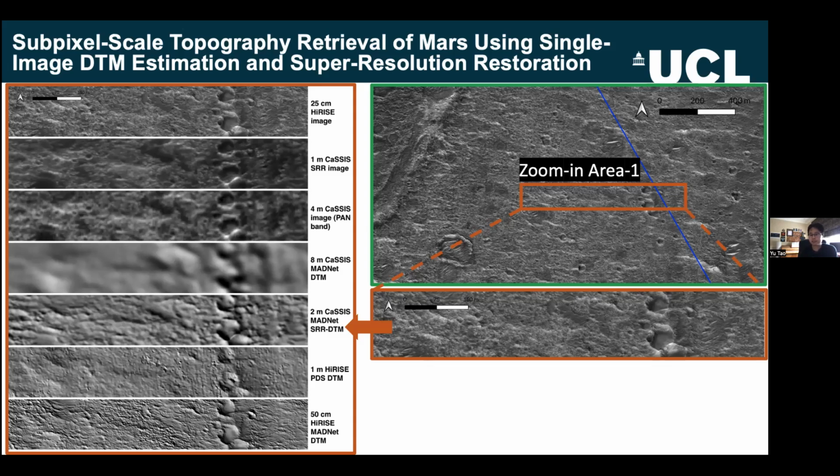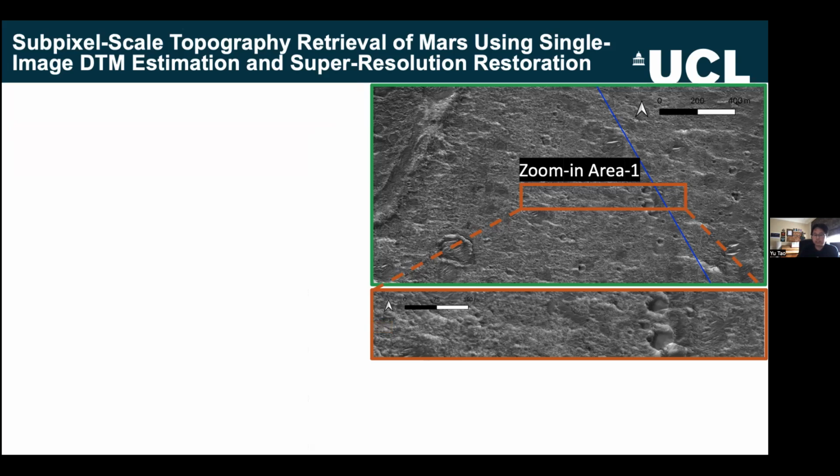We can see that using MARSGAN super resolution and MADNet 3D estimation, the details of the Super-3D model, which is this row here, the Super-3D model from CaSSIS, in comparison with the HiRISE PDS DTM and HiRISE MADNet DTM, are almost at the same level of the best possible 3D models produced from the much higher resolution 25-centimeter HiRISE images.